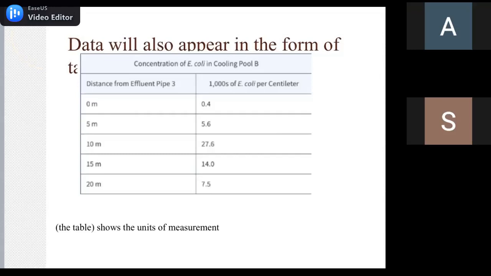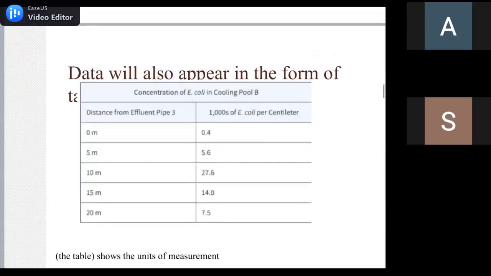It's talking about E. coli and the relationship between the distance from an effluent pipe and the concentration of E. coli in it. Very good. So thousands of E. coli per centiliter and distance from effluent pipe 3, right?